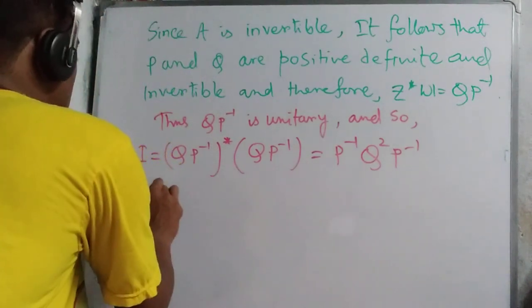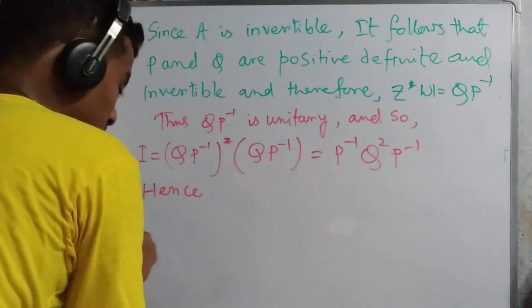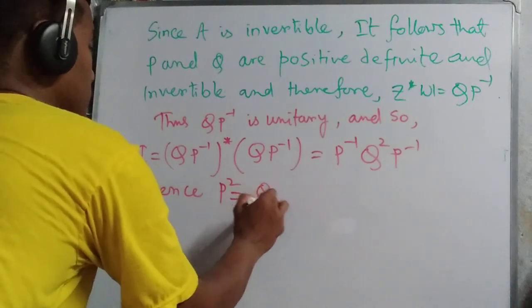Then what happened? Hence P square equals Q square.